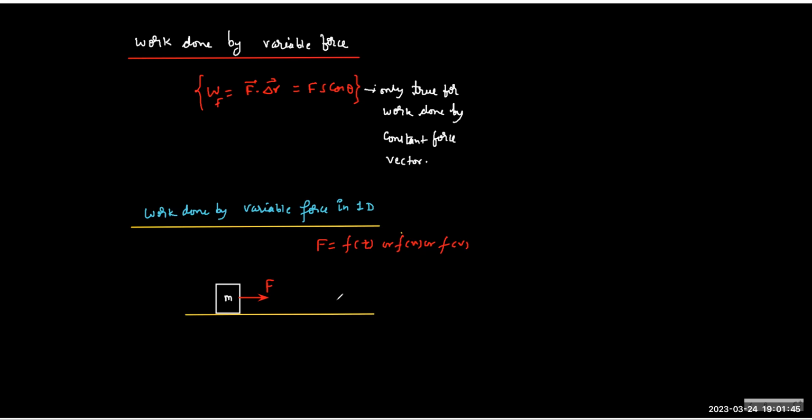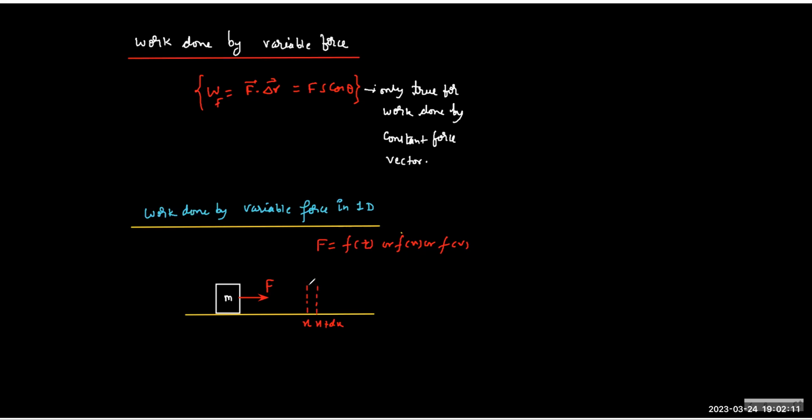So what we do is we never try to solve for big values of displacement or time or big change in velocity. What we do is we do it for a small range, which means I will solve the question when you are at some general position X and you only move by dx.